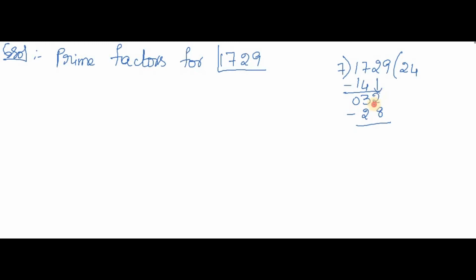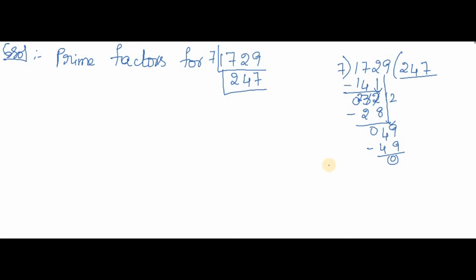From 2 we can't cut 8, so we borrow, and 3 becomes 2, and here 12. 12 minus 8 is 4, and 2 minus 2 is 0. Then 49. 7 7s are 49. So the answer is 247. In 7 table you are getting this 2, 4, 7.